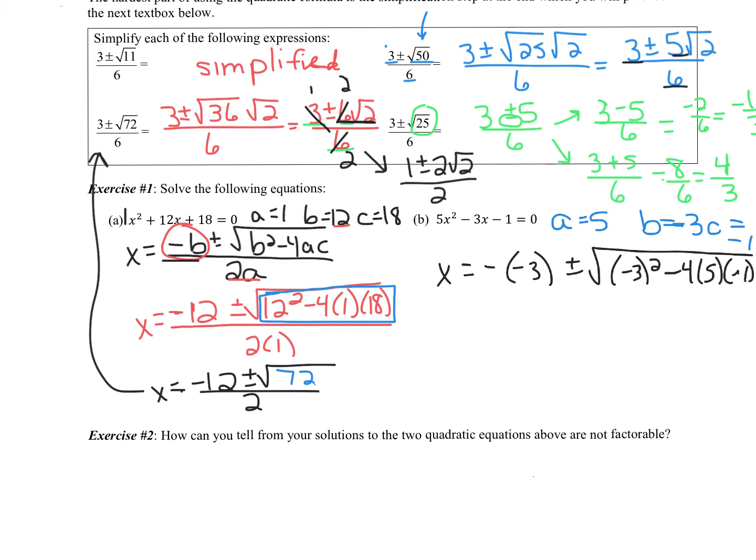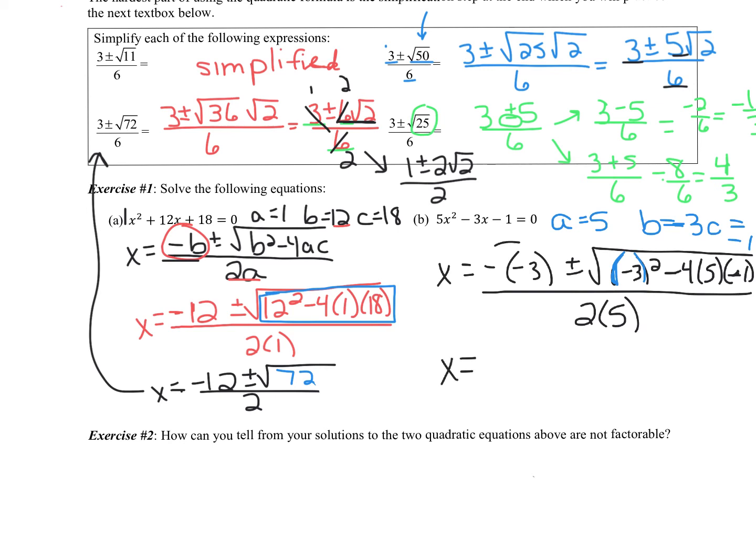Now looking at this, parentheses around the negative b value, or the b value is really important. You can't put the squared inside the parentheses, it has to be just that number inside the parentheses, because I want negative 3 squared to equal positive 9, because that's what it is, and if I don't type it that way into my calculator, it will not evaluate it to a positive 9. So this whole thing is over 2 times 5, 2a.